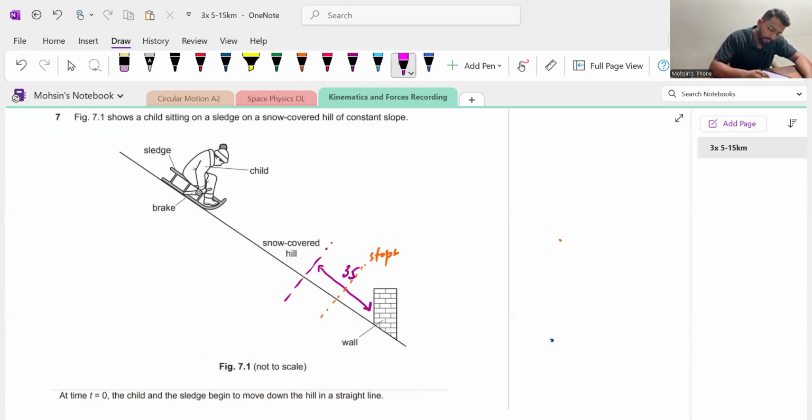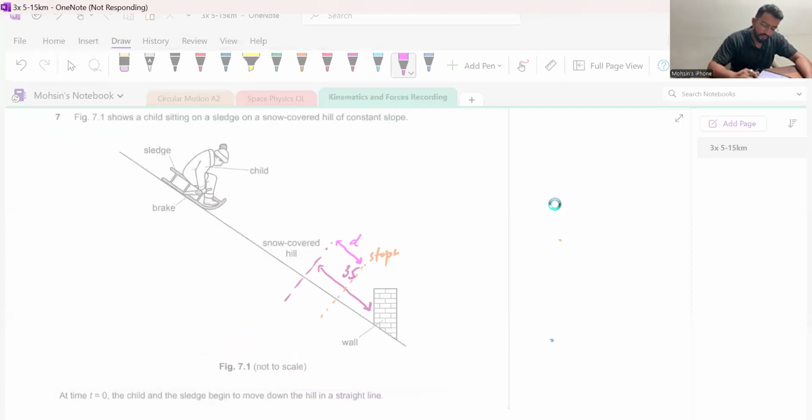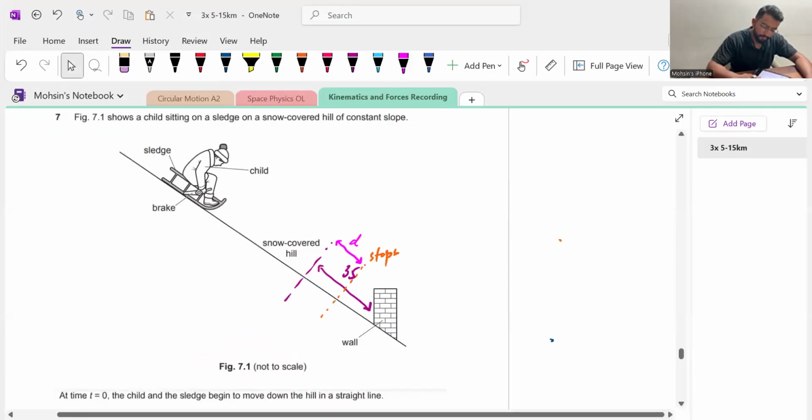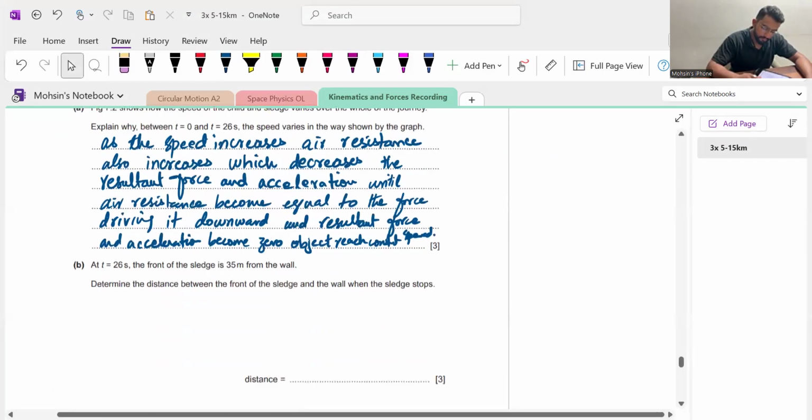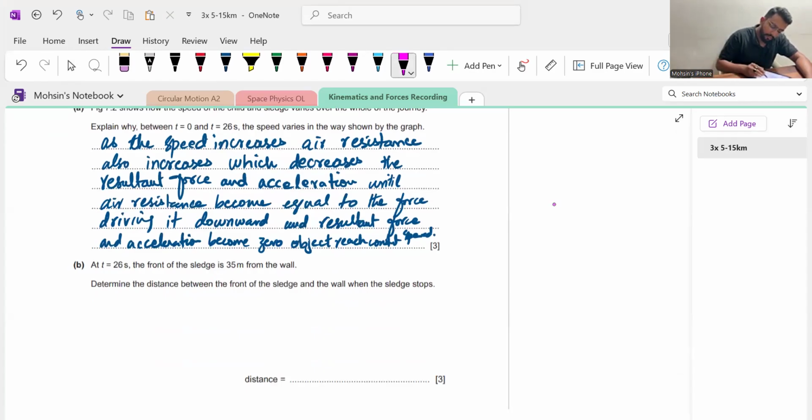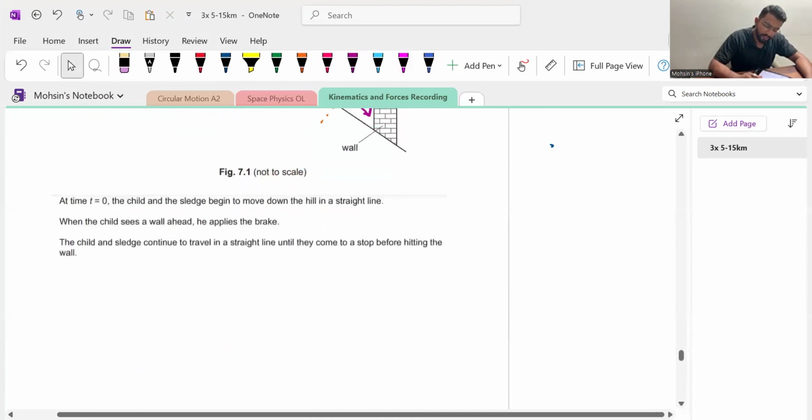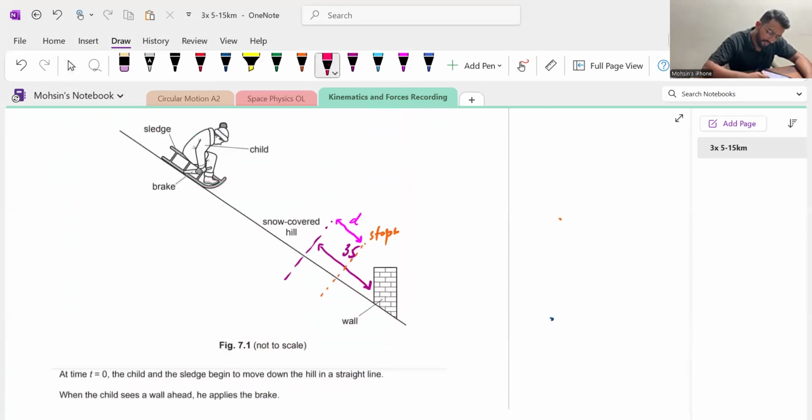So this is the distance it covered before stopping. Let me write it D. So what they are asking is the distance between the front of the sledge and the wall when the sledge stops. So this is the distance that they are asking you to calculate from the wall and the sledge.